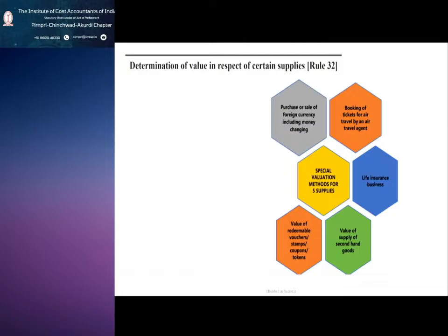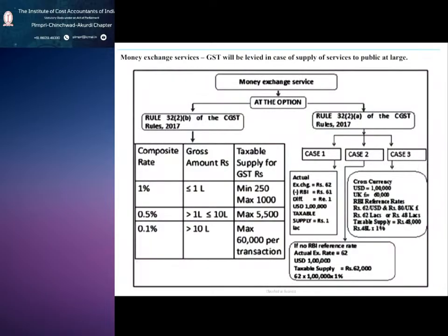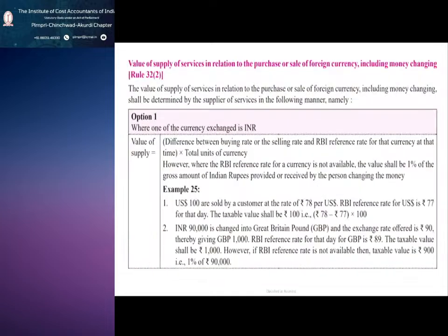And another option is 32(2)(b), where we have that slab rate, and you need to remember this percentage. So the gross currency up to 1 lakh, this one. It is not mentioned over there. It is given as option 2 there, but in the final you can have a look at what 32(2)(a) and 32(2)(b) are. Got it? So now this is completed.